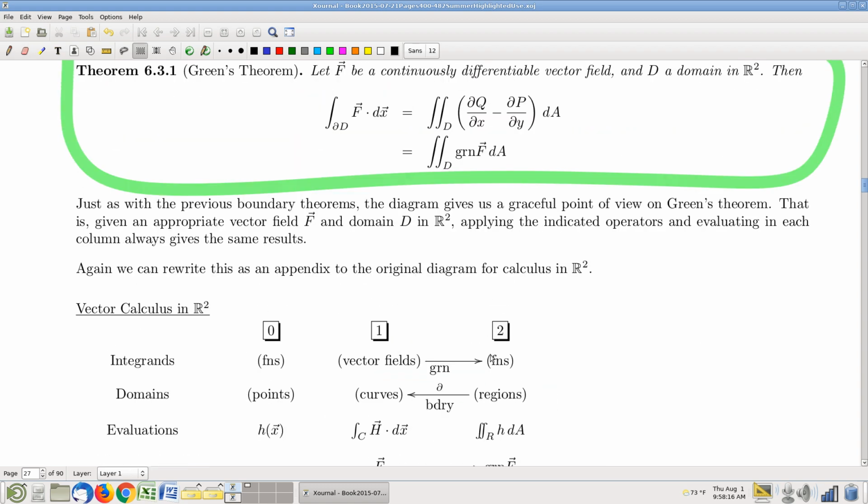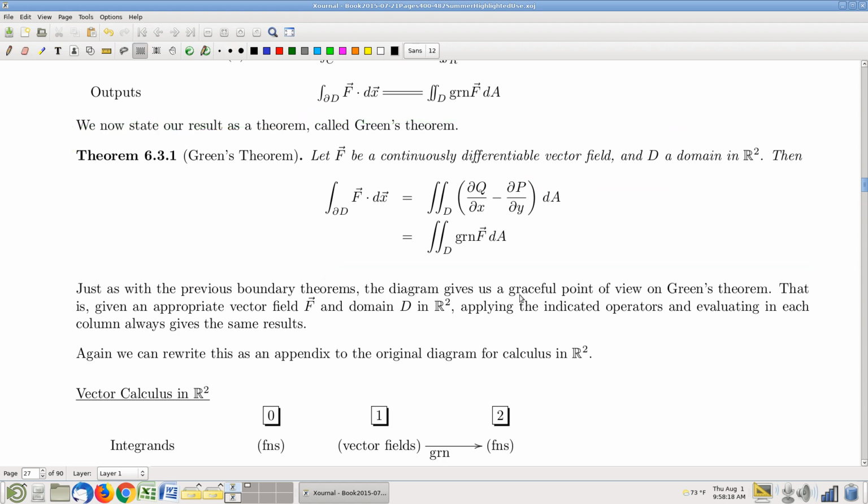Okay. By the way, also notice a rewrite here. This is how we wrote the theorem originally, and notice I've rewritten that with my little shorthand, calling it Green's operator. So this is how I kind of prefer to write the theorem. It's a little bit more succinct, right? But most of the time you're going to see it with that. Okay.